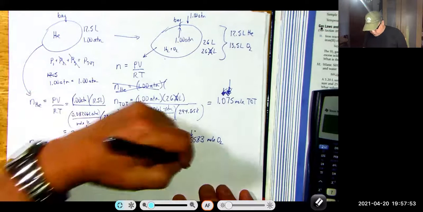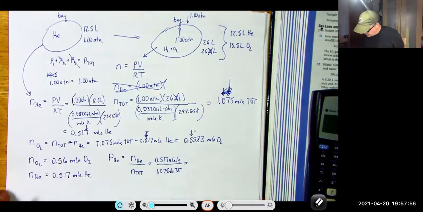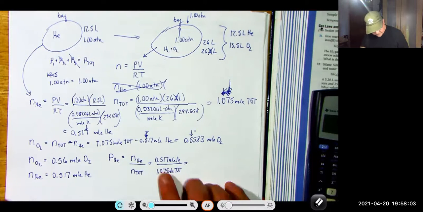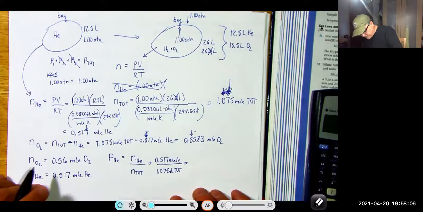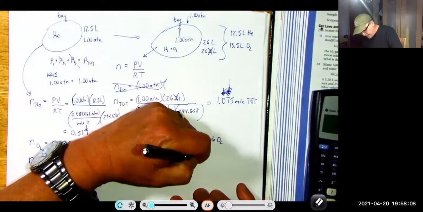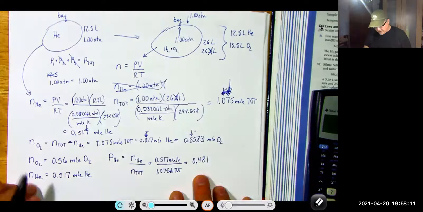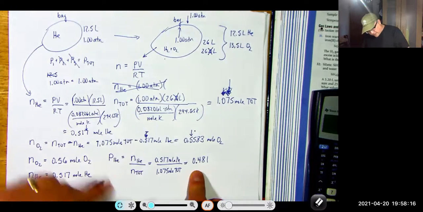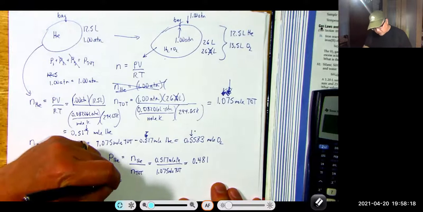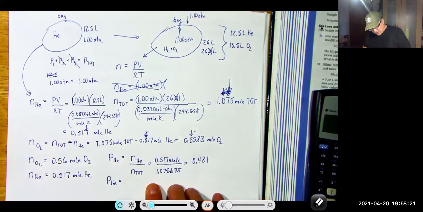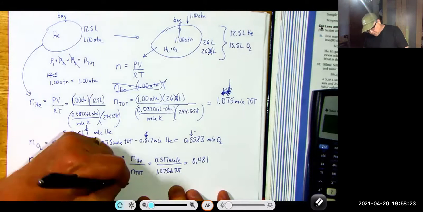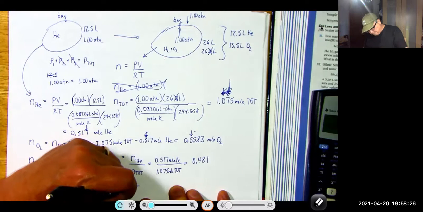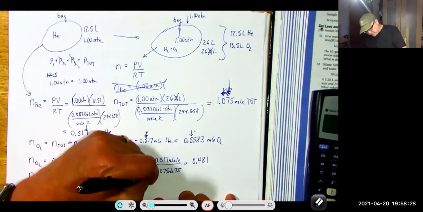And we only get 3 sig figs here, and we get 0.481 for the partial pressure. This is actually the mole ratio, but when you calculate the partial pressure of something, because moles and pressure are proportional, you can do it this way, or you can do it this way.